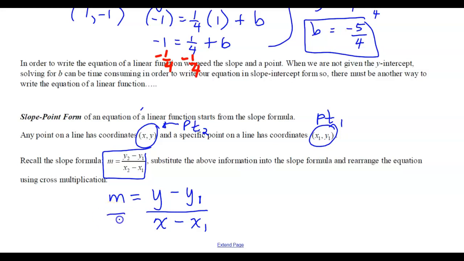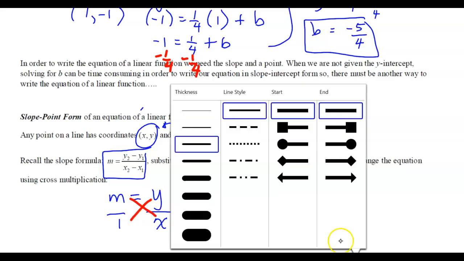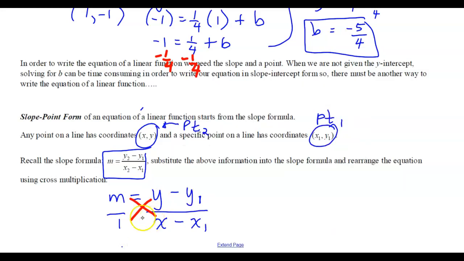So remember, to do that, we multiply across the equal sign. So when I do that, 1 times y minus y1 is just y minus y1. And then we'll have m bracket x minus x1. So that's just cross-multiplying the slope formula with a general point x, y.